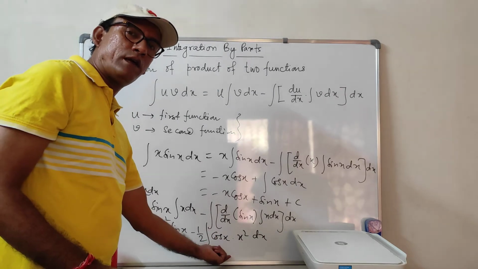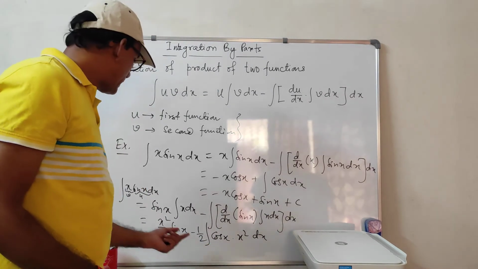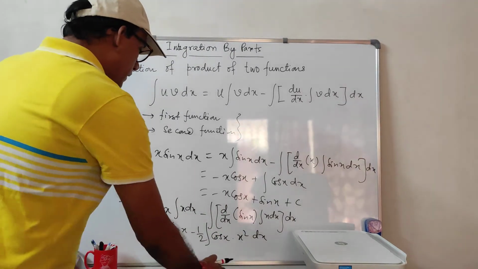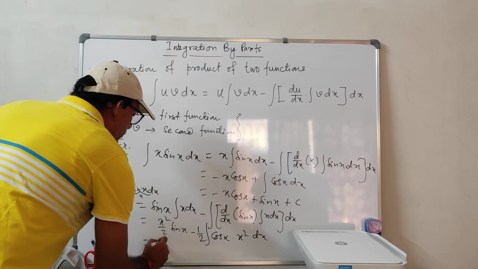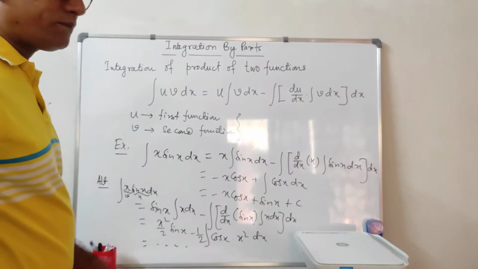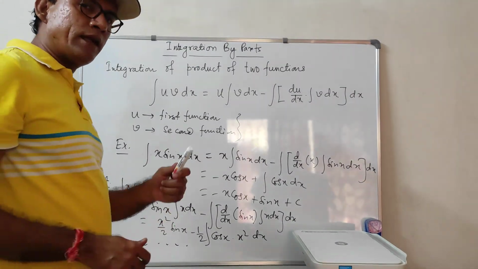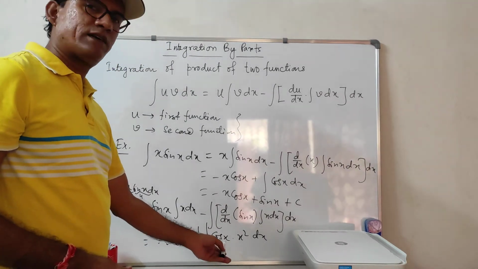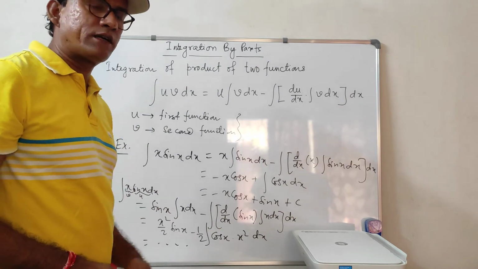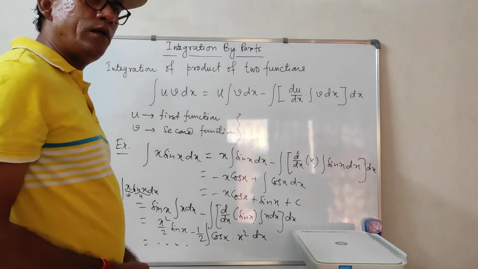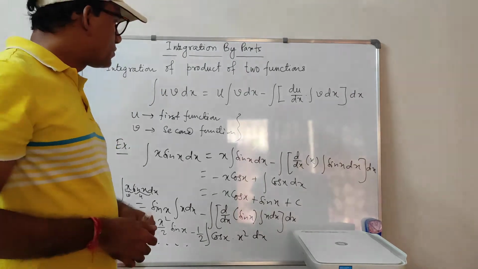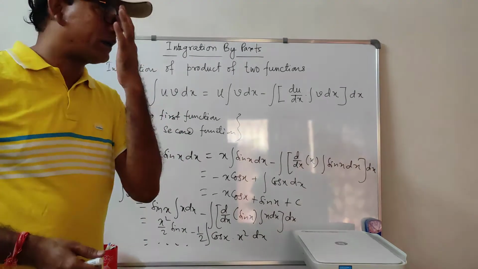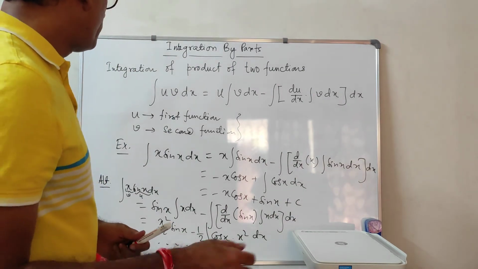So it is more difficult to solve than the original integral x sin x dx. So you have to continue the process. But if again you take cos x, a trigonometric function, as the first function and x square as the second function, you will be in deep trouble. So choosing the first function and second function is very much important, as I told you before.